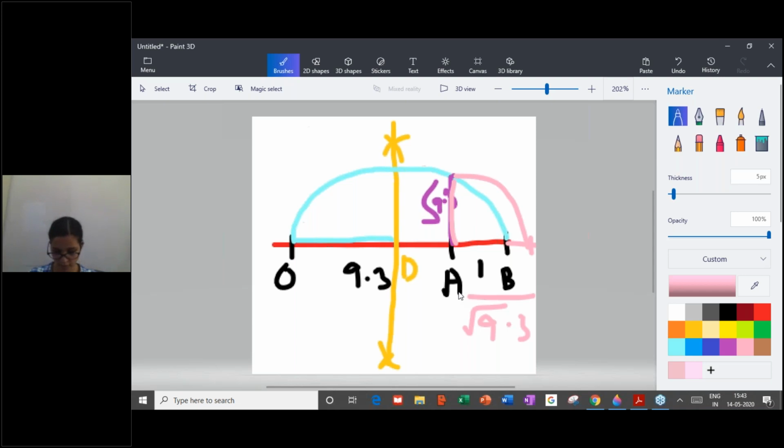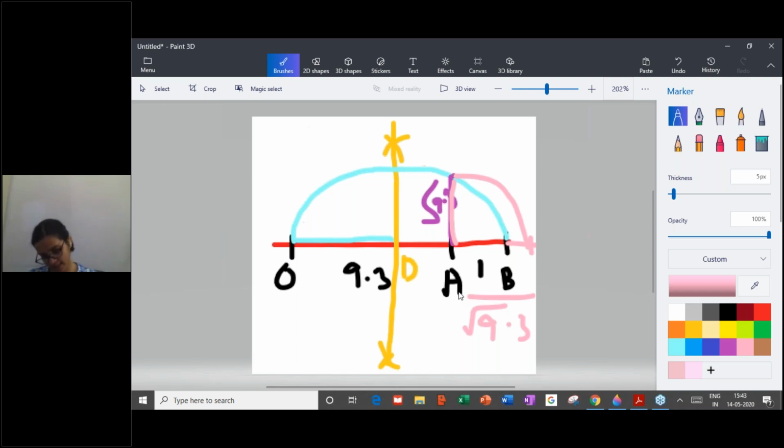Just ensure you use the ruler. Neil, yours is right. Bhavika Jain, yes, right. Vasudha, yes, neat and tidy, very nice. Ame, yes, you're right.